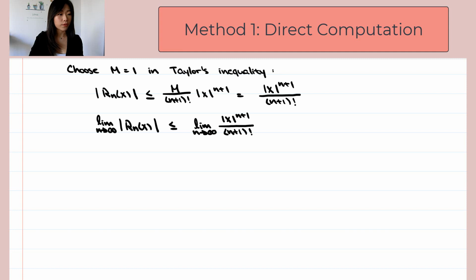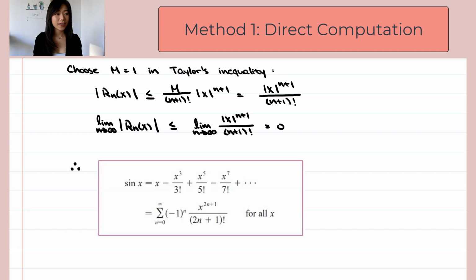And by the growth rate, this limit equals 0. And the limit of the absolute value of the remainder has to be smaller than or equal to 0. So by the squeeze theorem, the limit of the remainder is 0. So we just proved that sin of x has a power series representation, and it equals this Maclaurin series for all x.